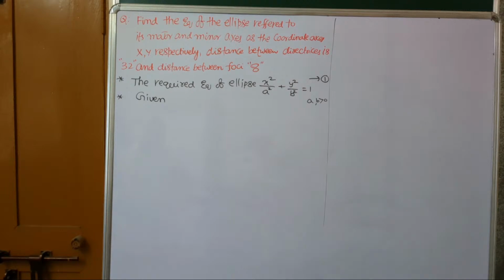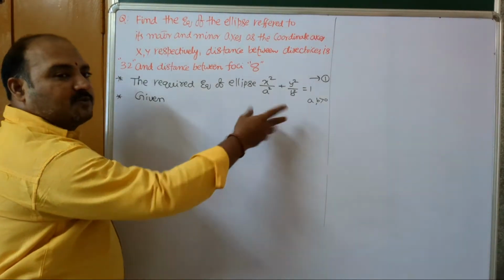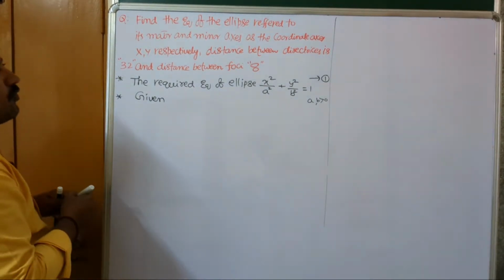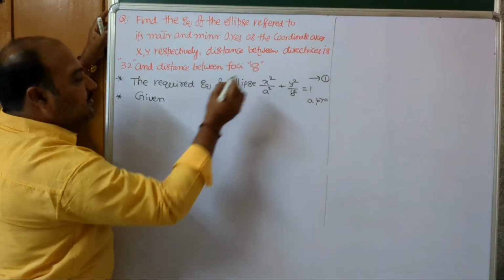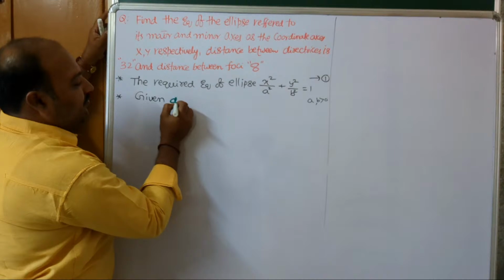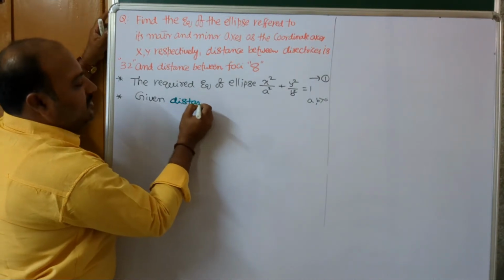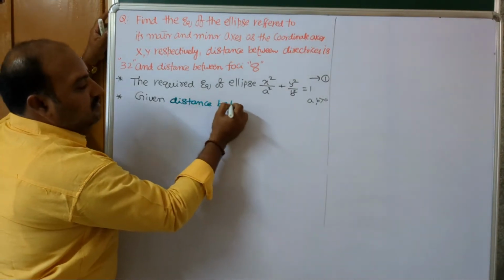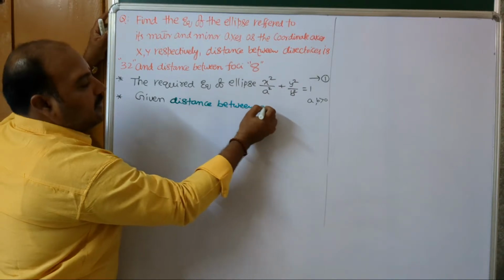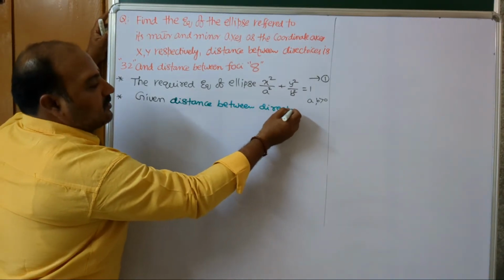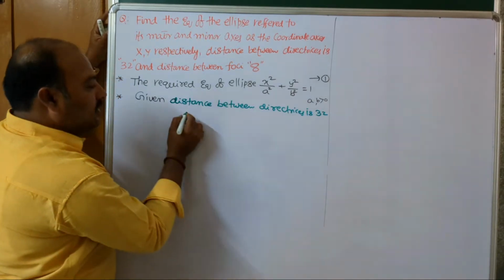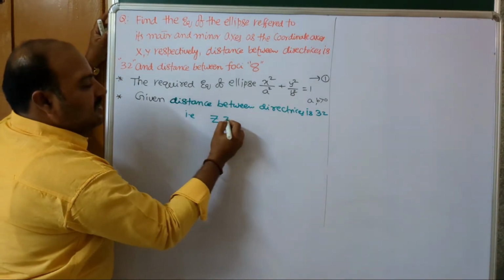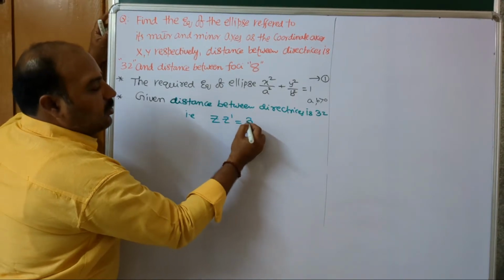So the required equation of ellipse will be the same. What information is given? The distance between directrices is given as 32. That is ZZ dash equal to 32.